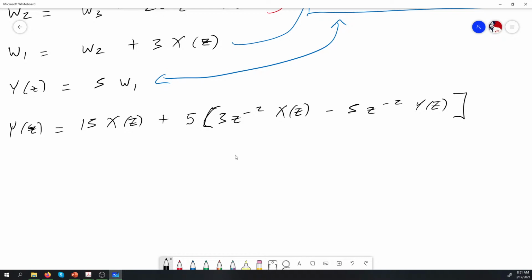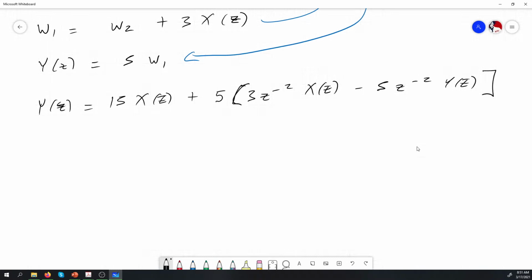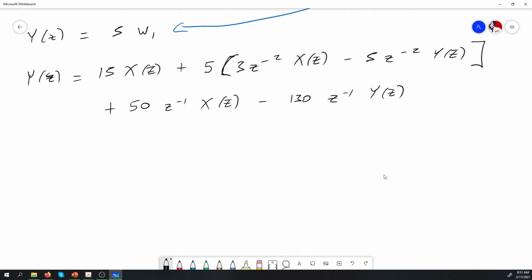I'm grouping all my z to the -2s here, and now I'm going to group my z to the -1s, plus 50 z to the -1 x of z minus 130 z to the -1 y. Just finish expanding this out.